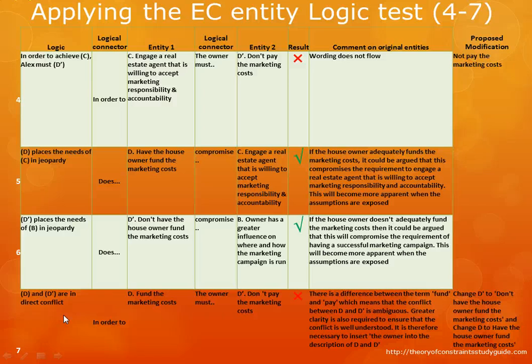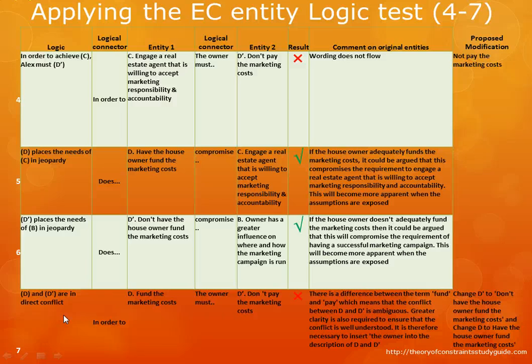So it now reads, in order to engage a real estate agent that is willing to accept marketing responsibility and accountability, the owner must not pay the marketing costs. Now logically and from a wording perspective it flows well.